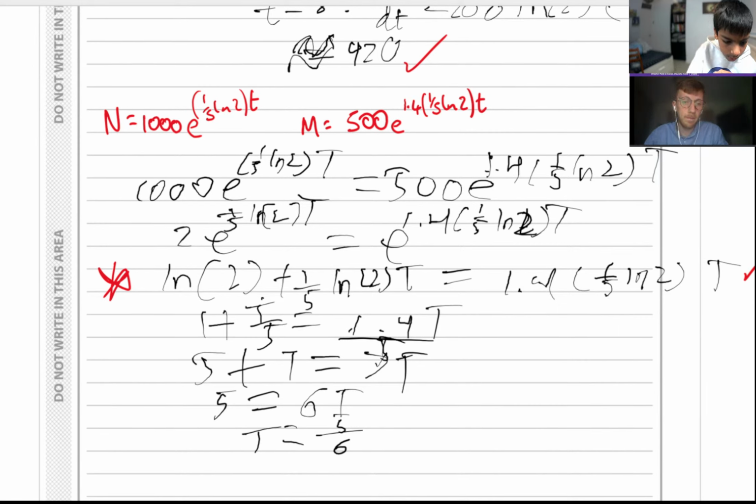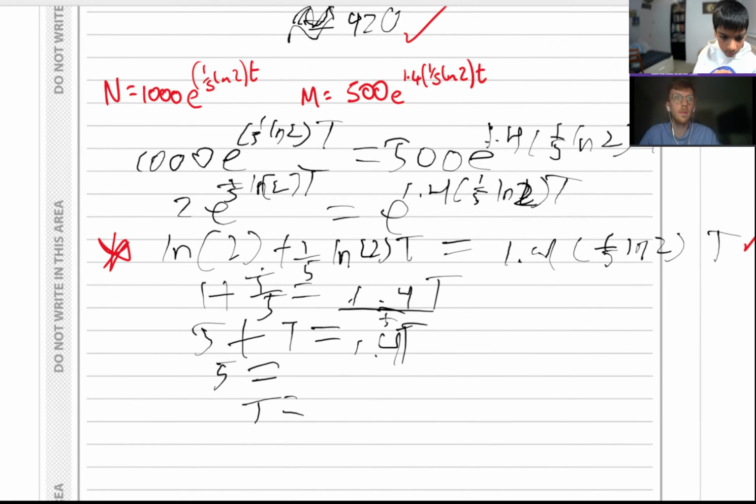So that actually should be 5 plus t is 1.4t. Good, yeah. So it shouldn't be 6t, it should be 0.4t.